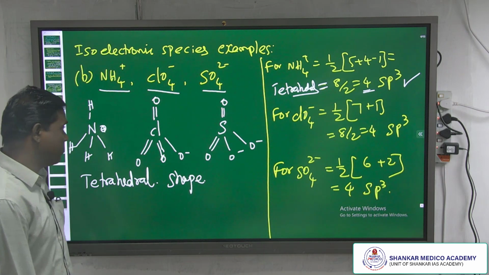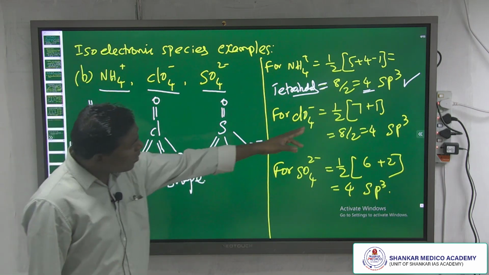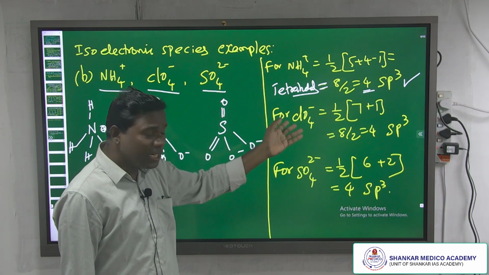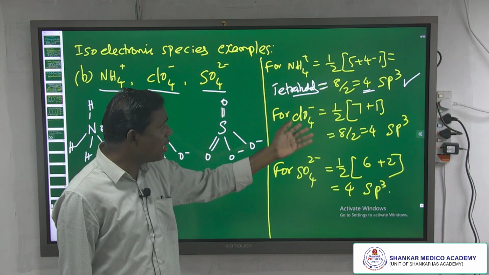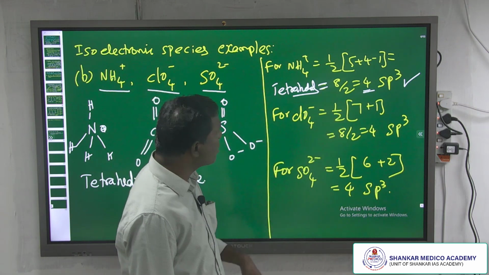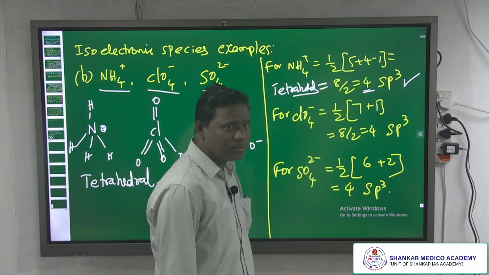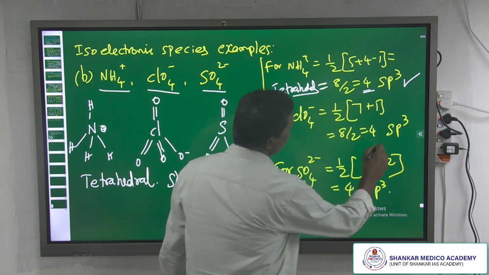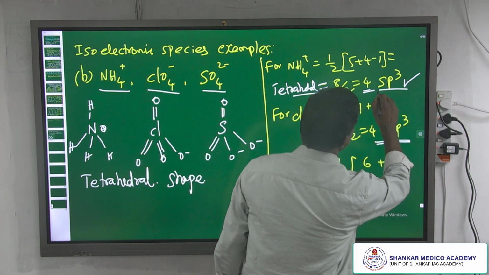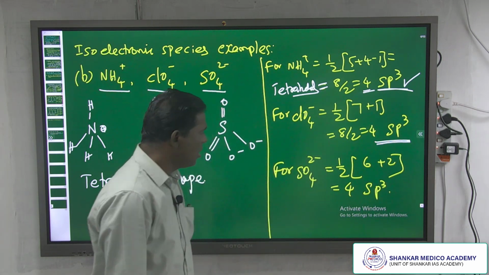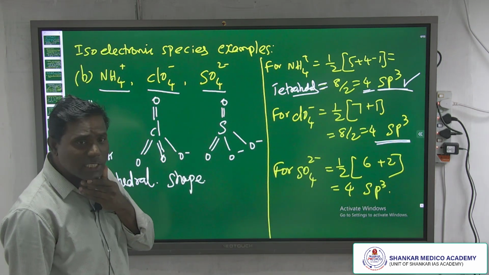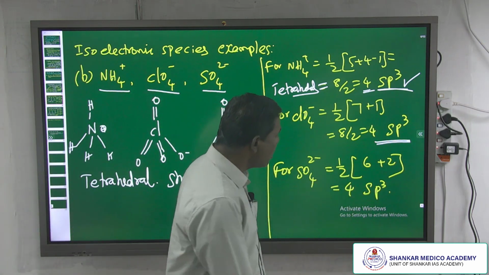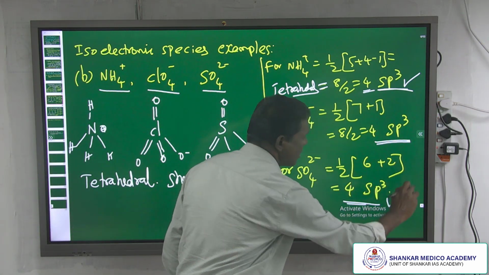And perchlorate: chlorine is in the 17th group with 7 electrons in the outermost shell, and it has only 1 negative charge, and the oxygens are not monovalent atoms here, and it also obeys sp3. And SO4 2 minus: sulfur being in the 16th group has 6 electrons in the outermost shell, and it has 2 negative charges, and it also has sp3 hybridization.